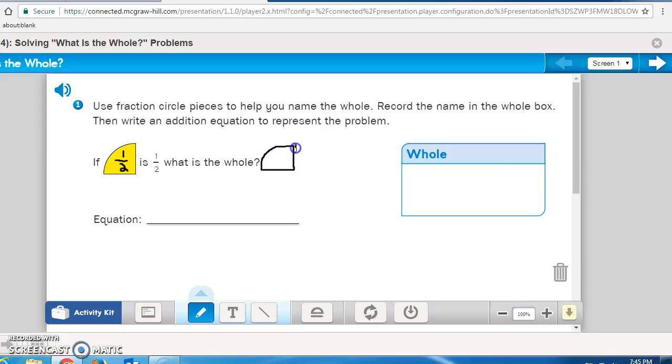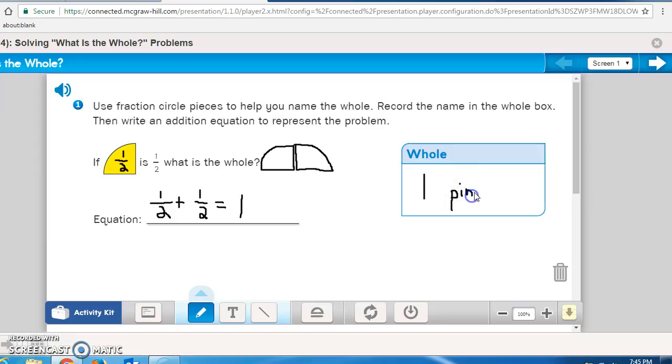That means if I put another half next to it, my equation is 1/2 plus 1/2 equals a whole. So what equals that whole? What fraction piece did we say? 1 pink. And that's how we do that.